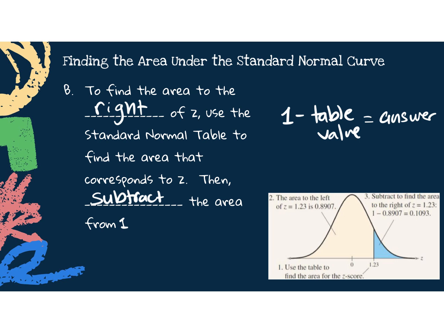To find the area to the right of a z-score, you take the standard normal table answer and subtract that area from 1. So 1 minus table value gives you your answer, because 1 is the whole area, and if you subtract the left area, that leaves you with our answer.